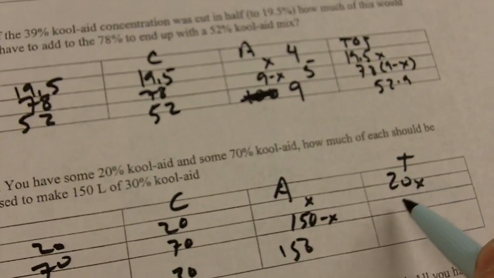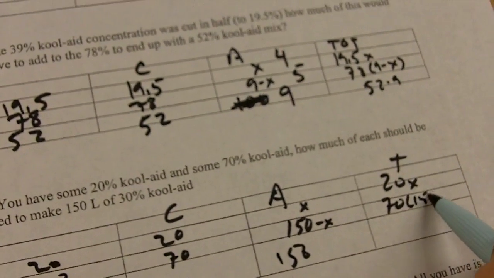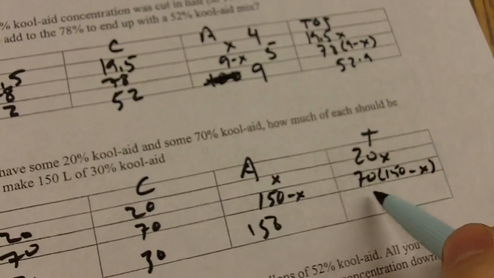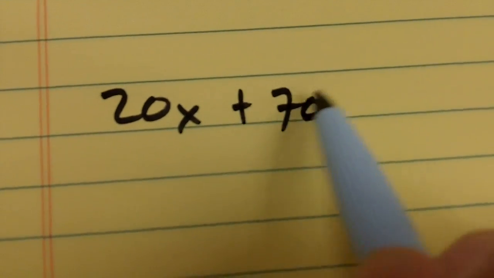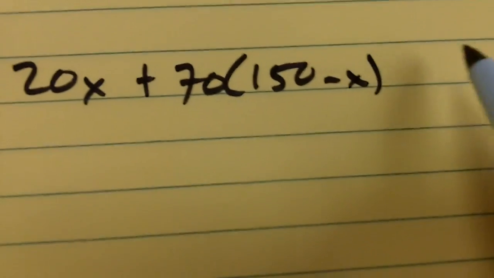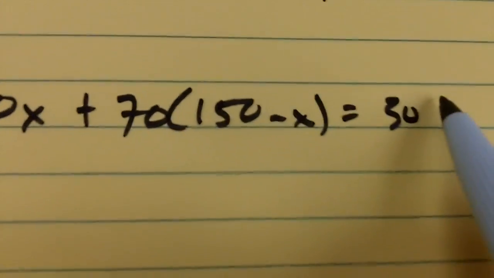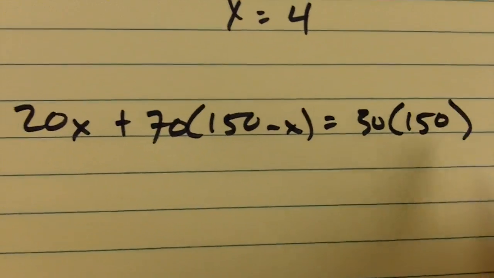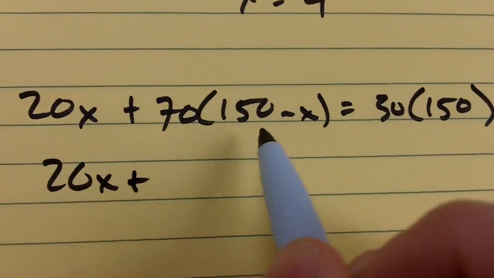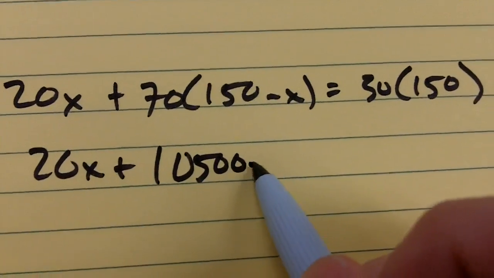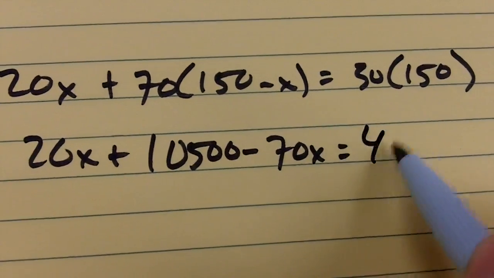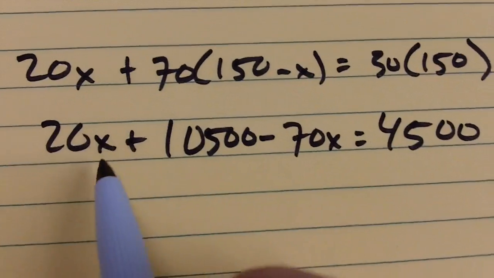Multiply out: 20x, 70 times 150 minus x, and 30 times 150. We go over here and solve that equation. So 20x plus 70 times 150 minus x equals 30 times 150. 20x plus 70 times 150 is 10500 minus 70x equals 30 times 150 is 4500.